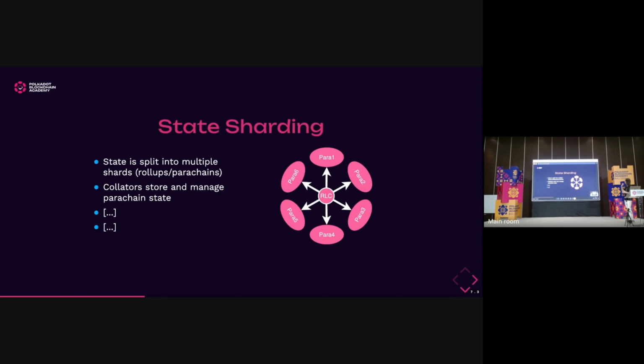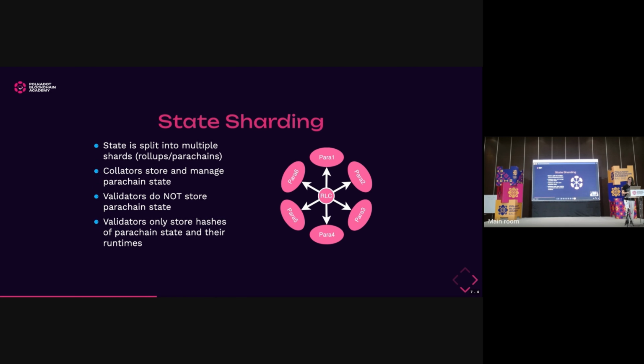And the nodes of that parachain, aka collators, are the custodians of the state. They're responsible for holding it, maintaining it, and providing access to it if it's needed at any point. So just to make sure it's super clear, the relay chain validators do not hold the state of the parachains.